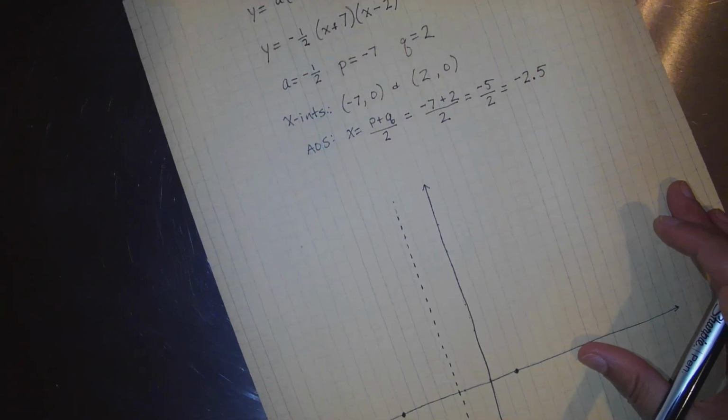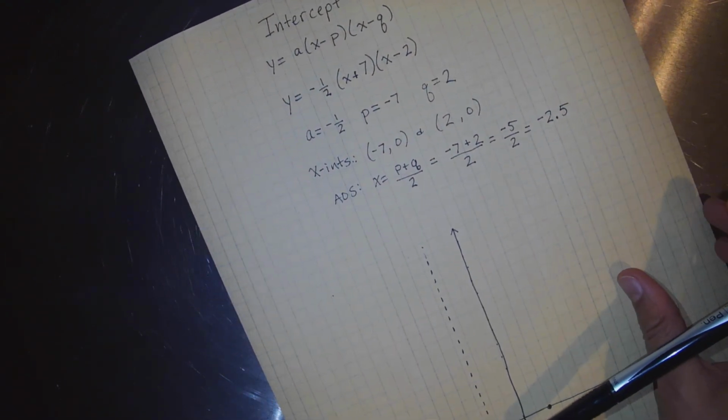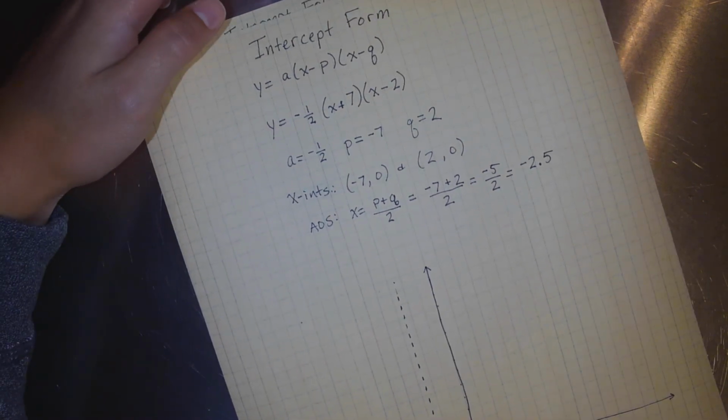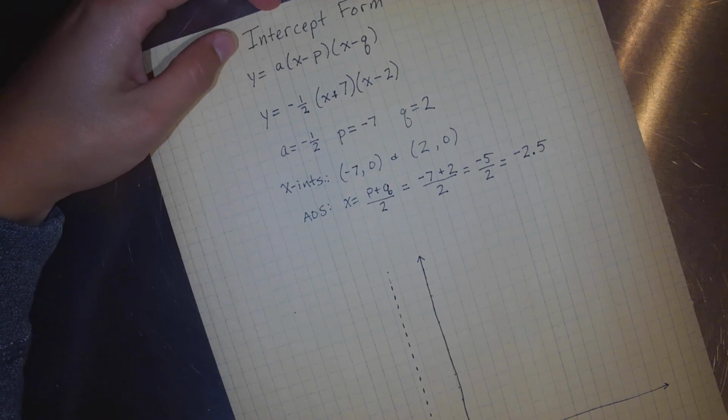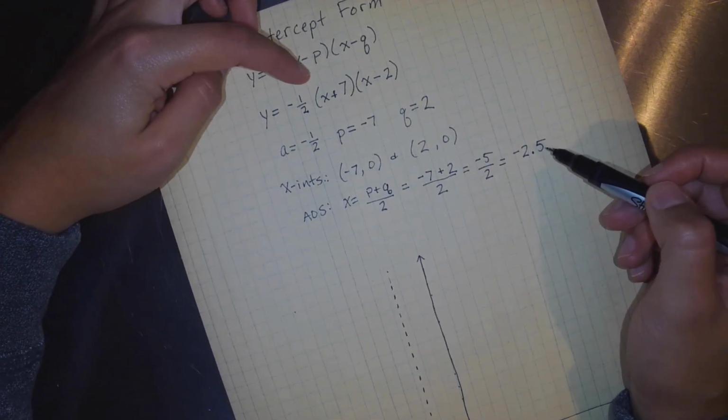Great. Since we found our x value, our axis of symmetry, that x value is the same as the x in our vertex. So I'm going to plug this value back into my original equation.